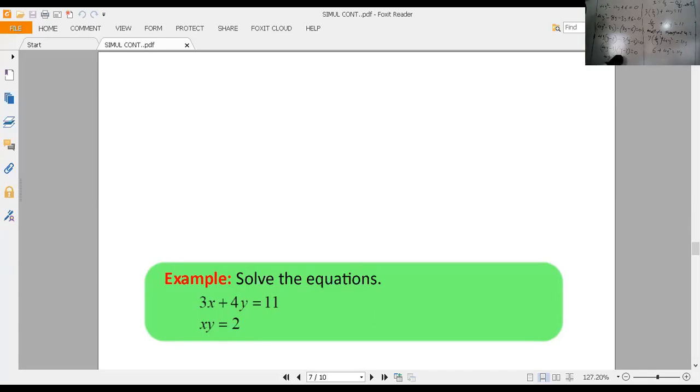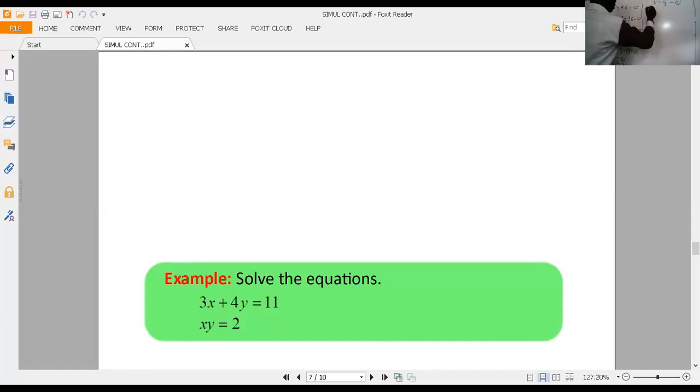4y minus 3 equals to 0. Then y minus 2 equals to 0. Now we have our y. We want to get the value of x.